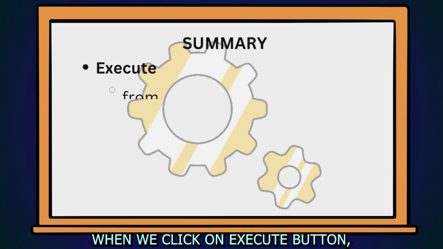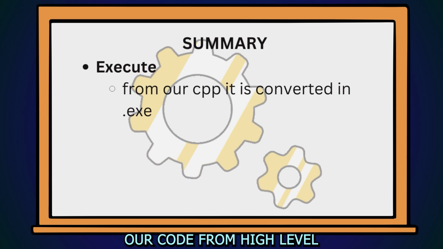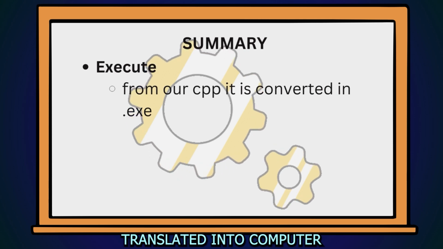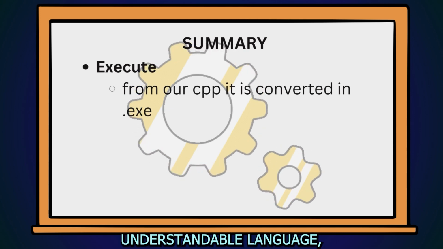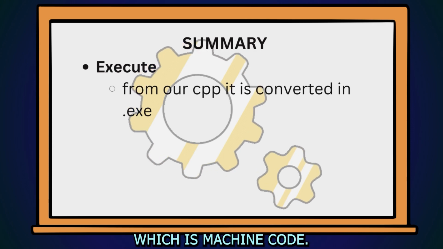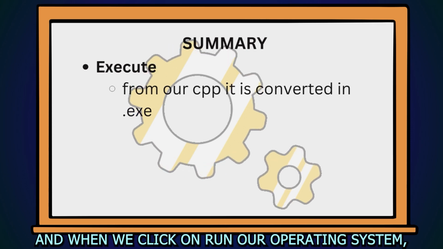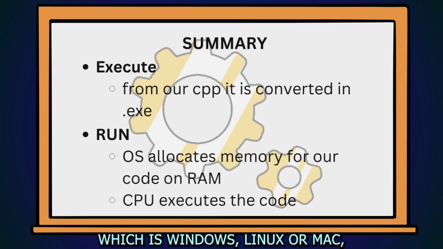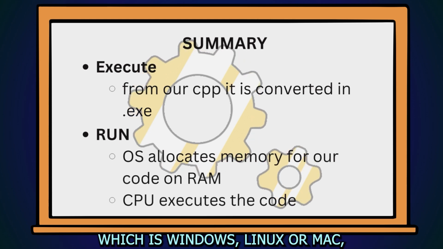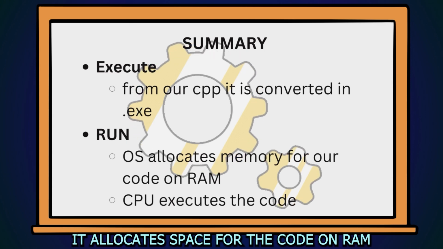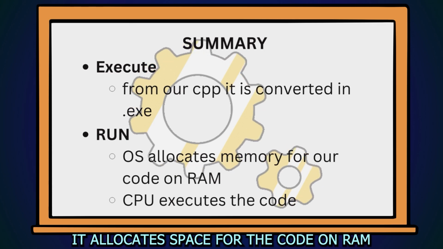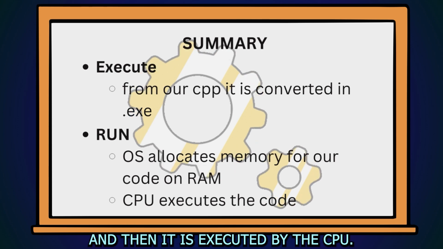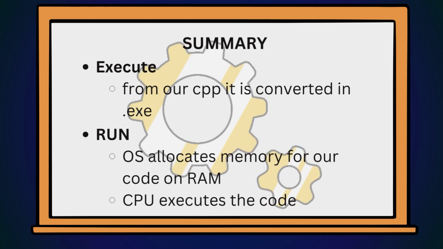When we click on the build button, our code from a high level language is translated into a computer understandable language, which is machine code. And when we click on run, our operating system, which is Windows, Linux, or Mac, allocates space for the code on RAM, and then it is executed by the CPU.